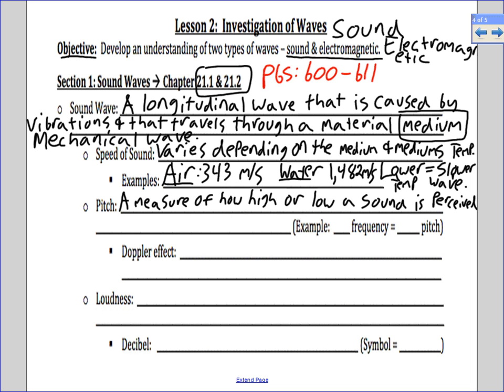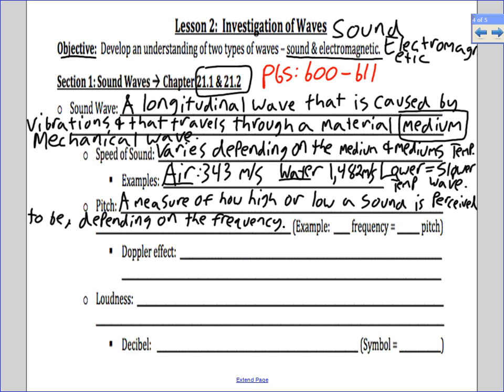How high or low a sound is perceived to be. And this depends on the frequency of the wave. And in the last lesson, you talked about frequency, and that's how many waves go by in a given time.